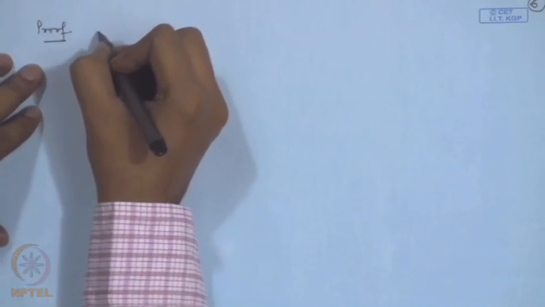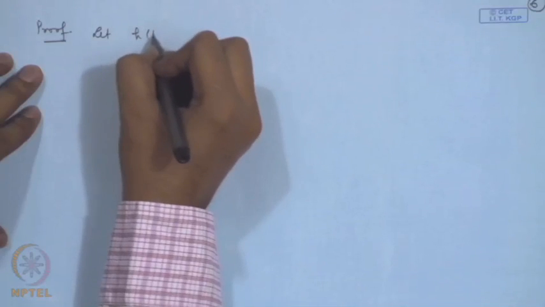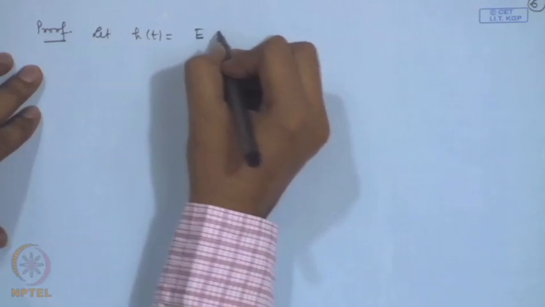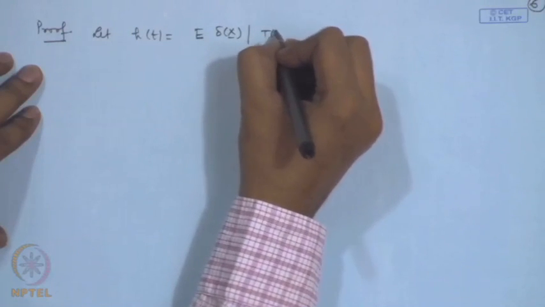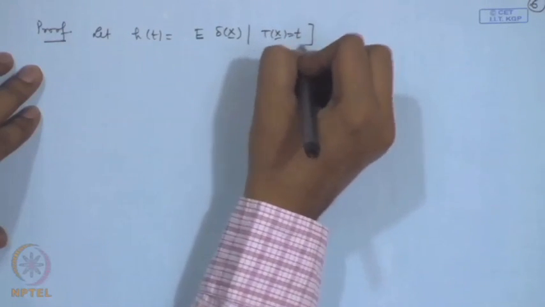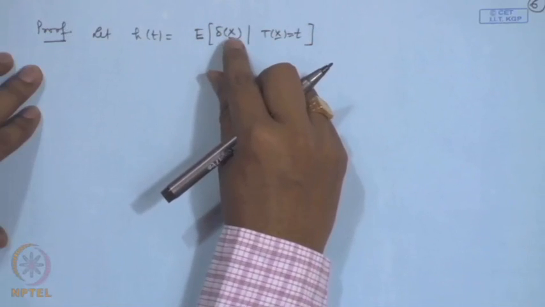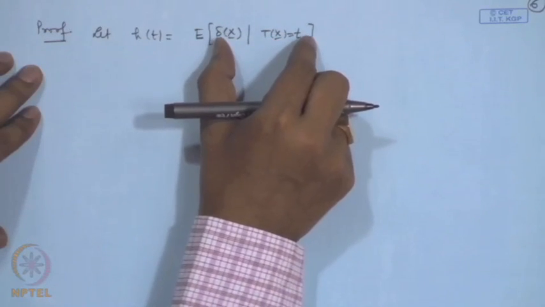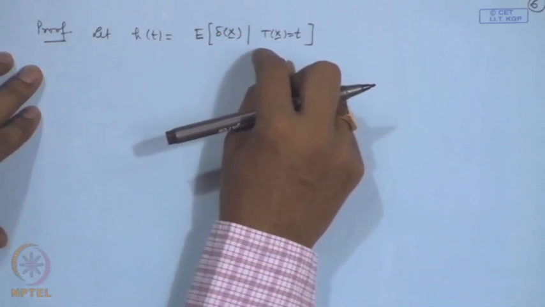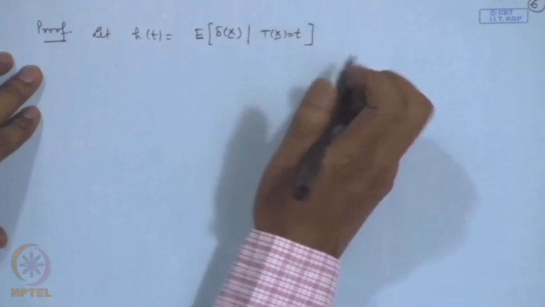Let us consider h(t) to be the expectation of delta(X) given T(X) is equal to t. Since we know the conditional distribution of X given T is independent of theta, therefore, this expectation is going to be a function of t alone.